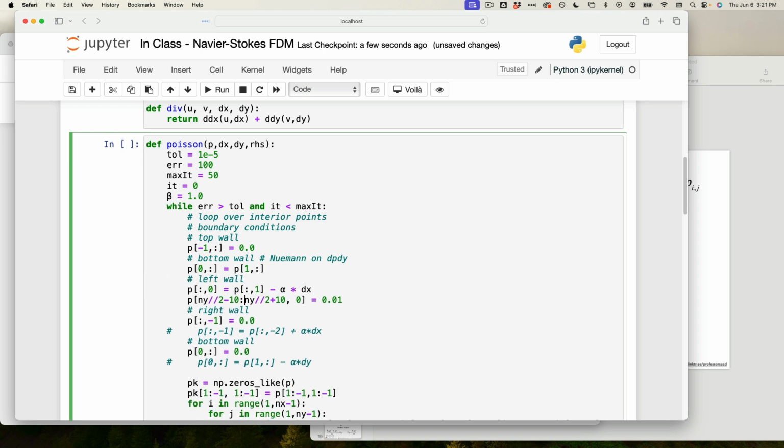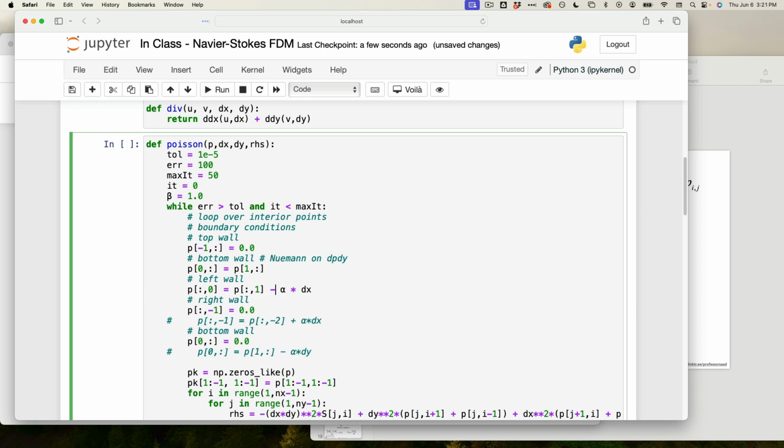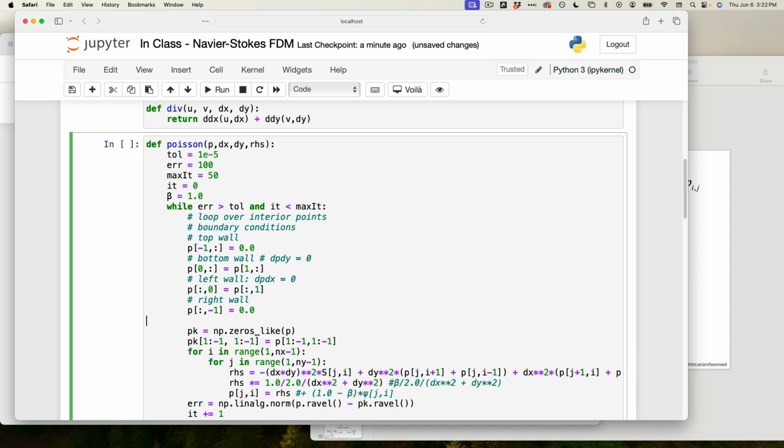I had a bunch of things over here. Let me just delete them. So for the left wall, that's in the x-axis, dp by dx is equal to 0, right? So Neumann on p, dp by dx equal to 0. It means p interior minus p at the boundary is equal to 0. And then finally, on the right wall, let's clean up over here.